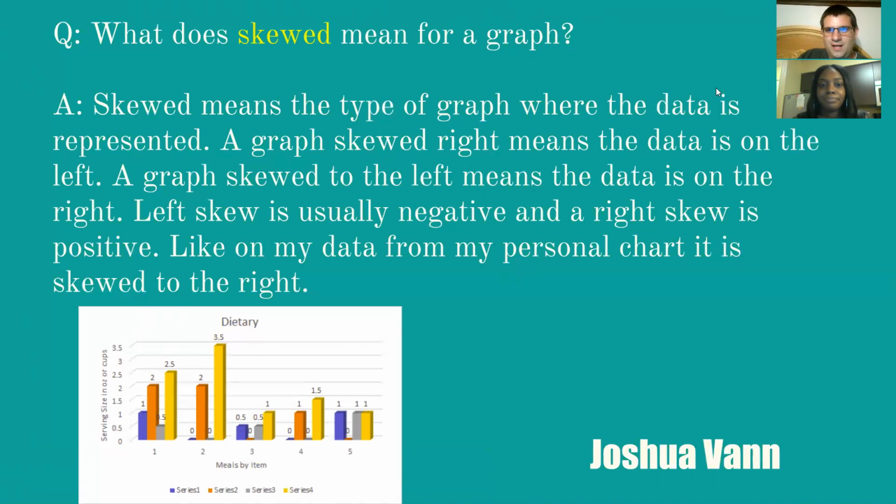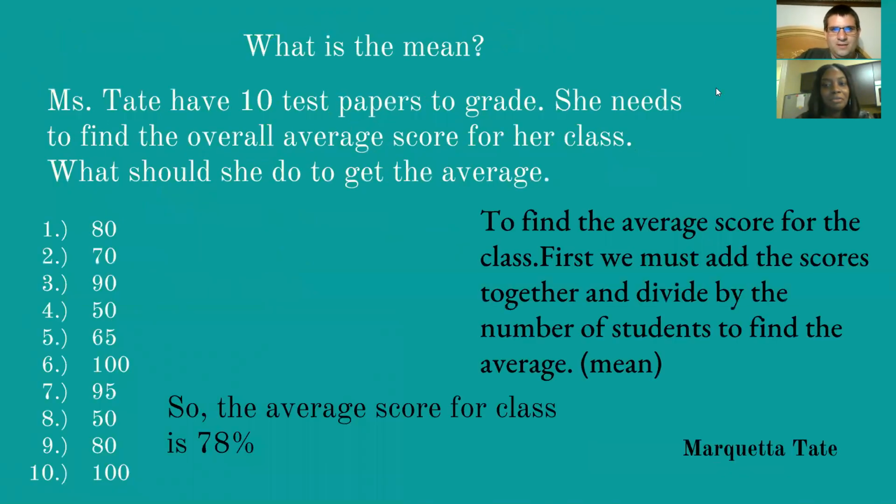A graph skewed to the left means that the data is on the right. Left skewed is usually negative, and right skewed is positive. Like on data from my personal chart, it is skewed to the right. Okay, cool.